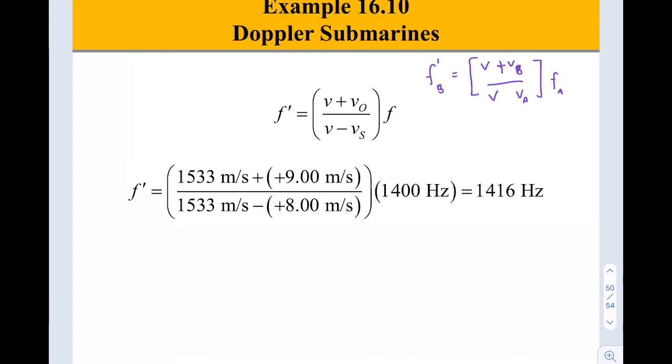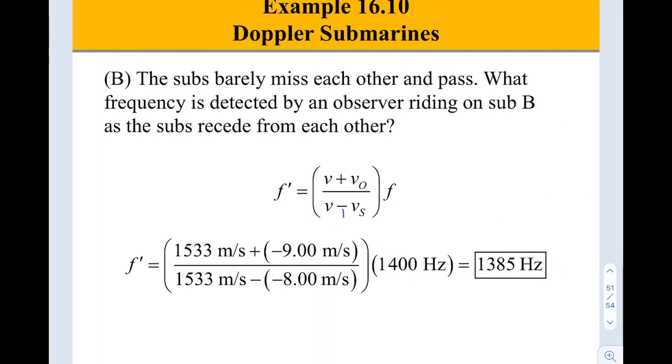And then the source is also moving towards, so it's going to be negative. So it tallies with this, and it tallies with this. You will get this as your answer.